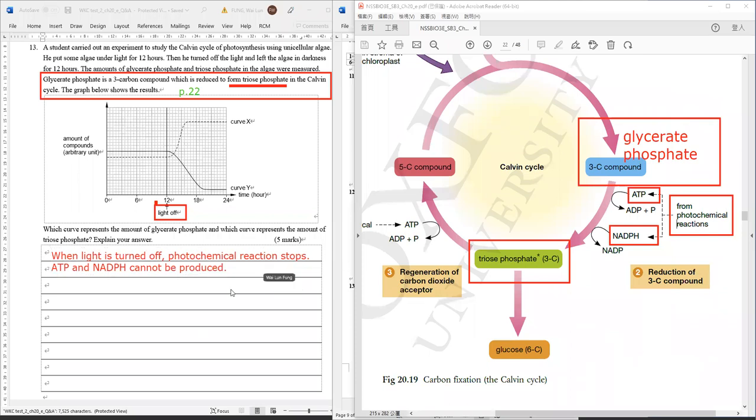Without NADPH, without ATP, the glycerate phosphate, which we often call the 3C compound, cannot be converted into triose phosphate.